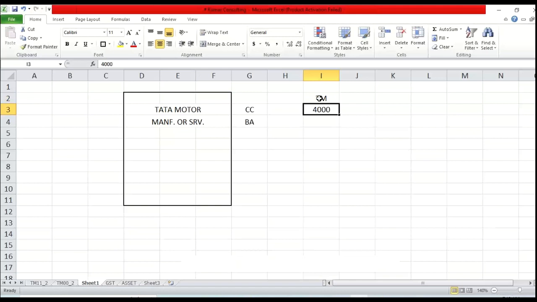Then this 2,000 again. Likewise, different transactions are going to be posted. All transactions are for Tata Motor. Within Tata Motor, you can specify which business area it belongs to, like manufacturing or service.